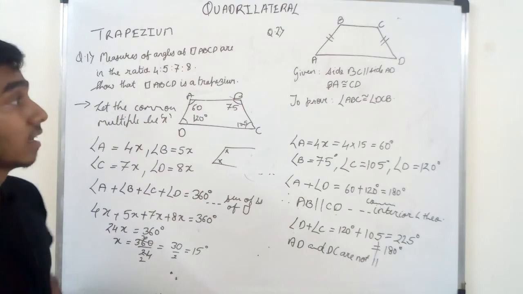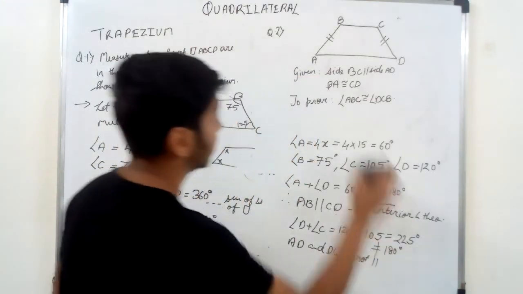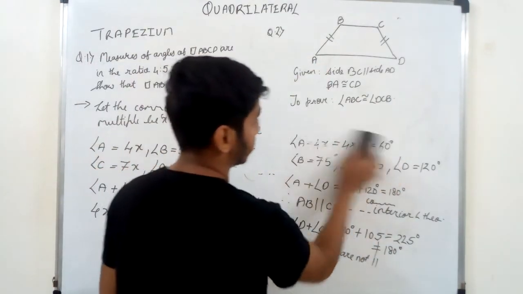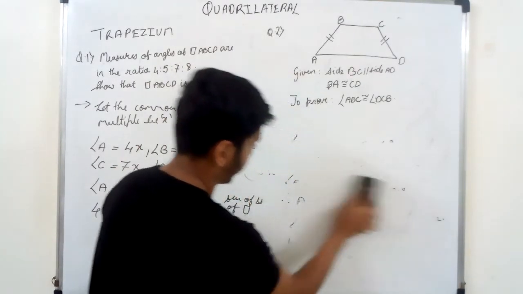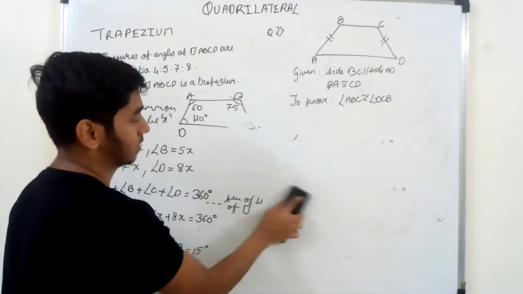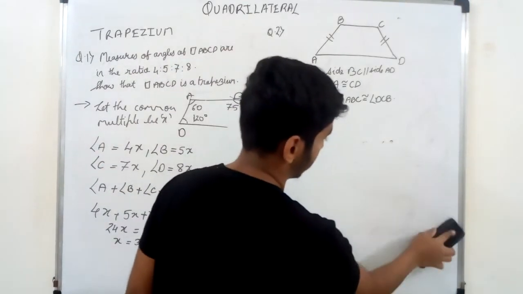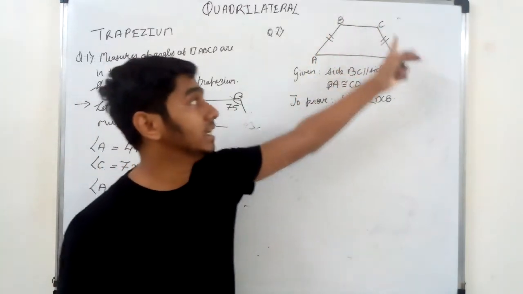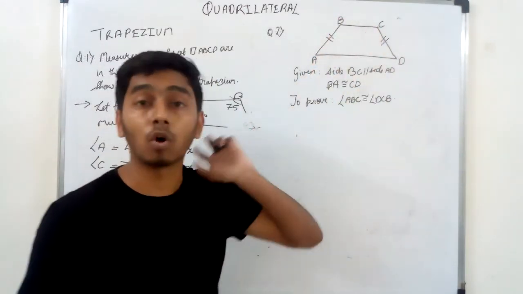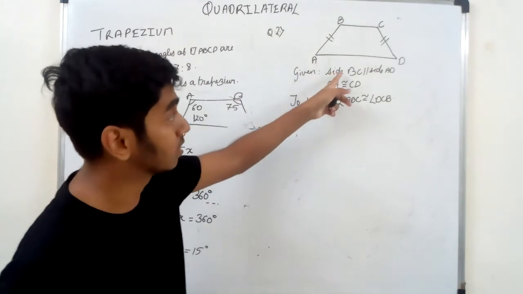Now let's take another question. It says, so this is given to us. The trapezium is given to us, and what are we supposed to do? ABCD is given. This and this, they are congruent. What else is given?